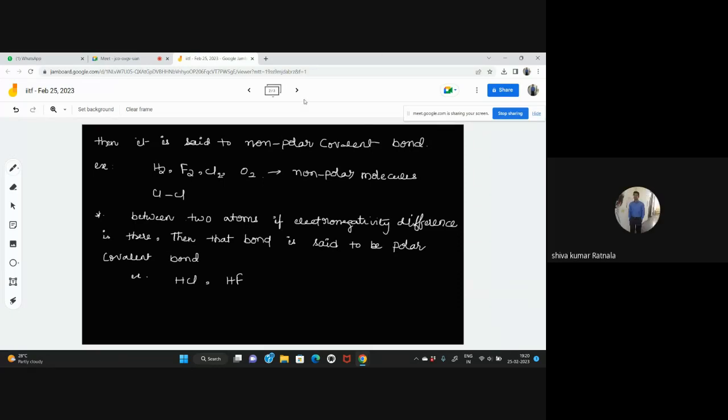Valency means what? The tendency of an atom to attract another atom? No, actually valency is different from valence electrons. Valency means combining capacity.